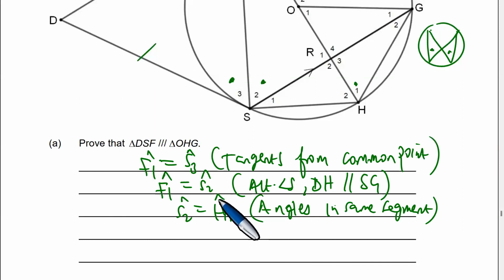What is then the conclusion out of this?